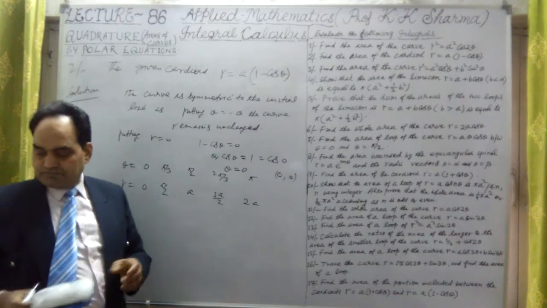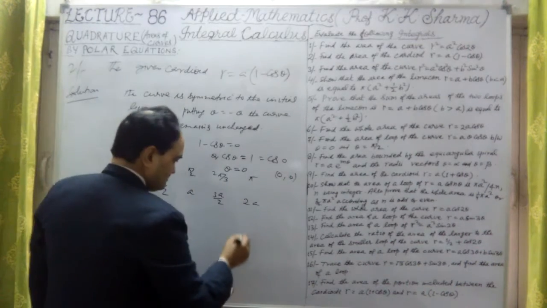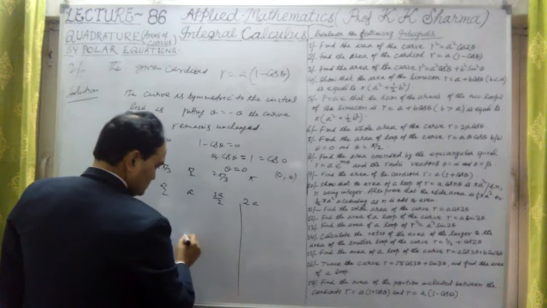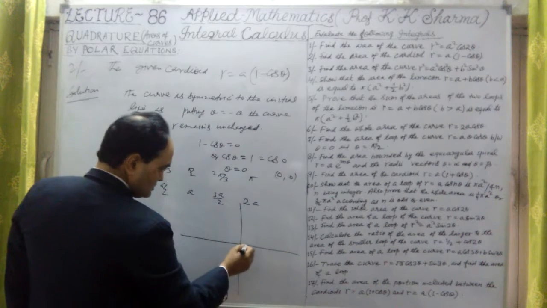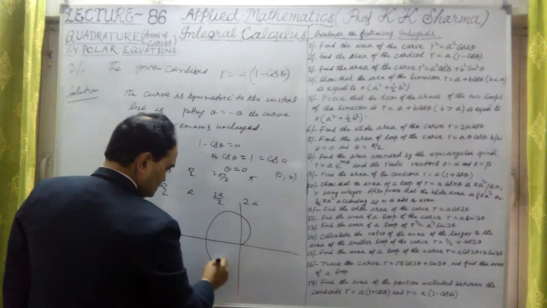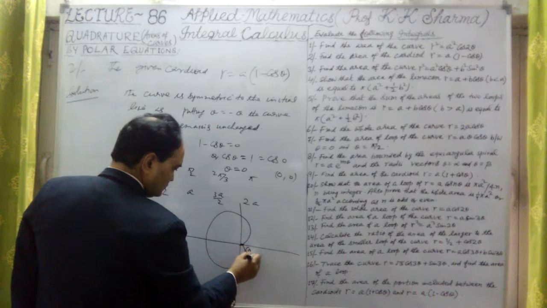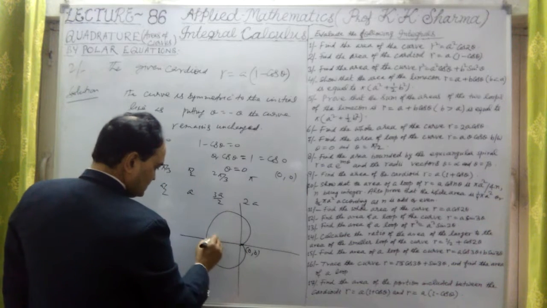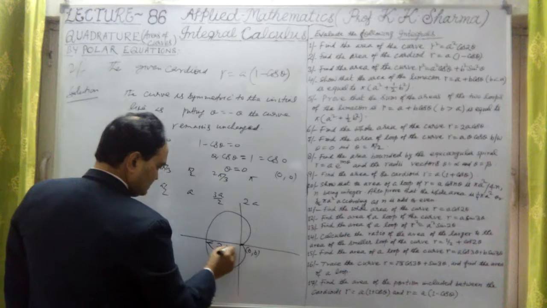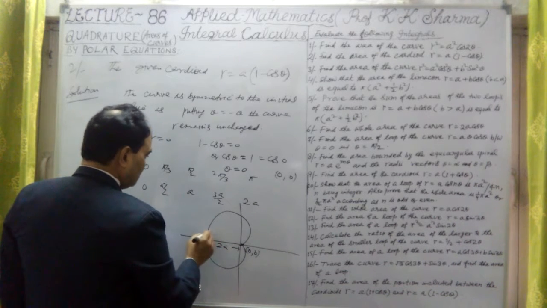Let me see what kind of curve this is. The curve starts at 0, 0, the pole, and here it is twice a distance, r equal to 2a.